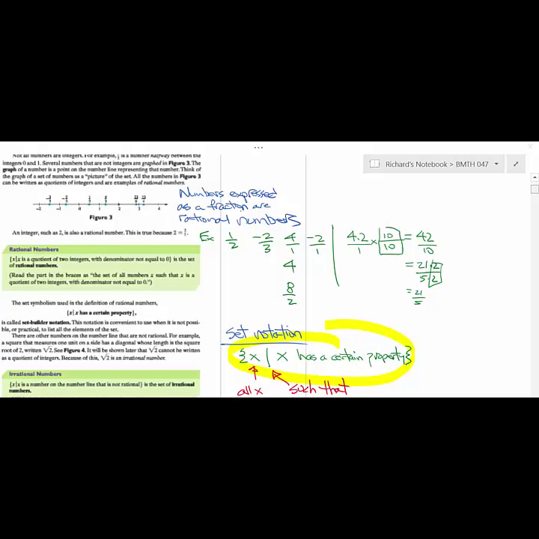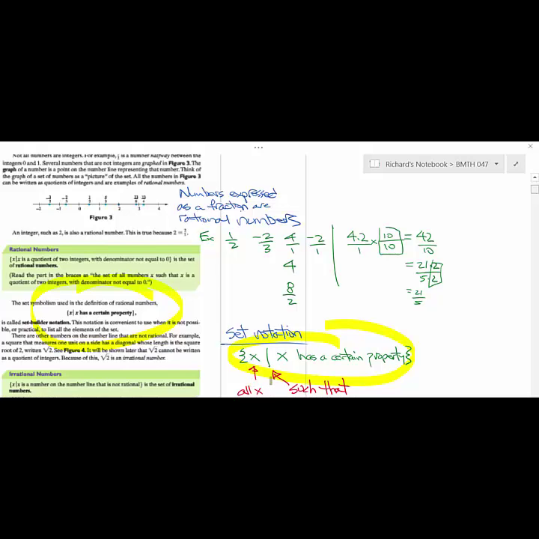A concept that people have problems with is set notation. In your notes, there is this code that I'm going to explain for you. Notice you've got a curly bracket on the left, then an X, then a vertical line, and then a statement that X has a certain property. Starting with the X, which comes right after the curly bracket, you read it as "all X."